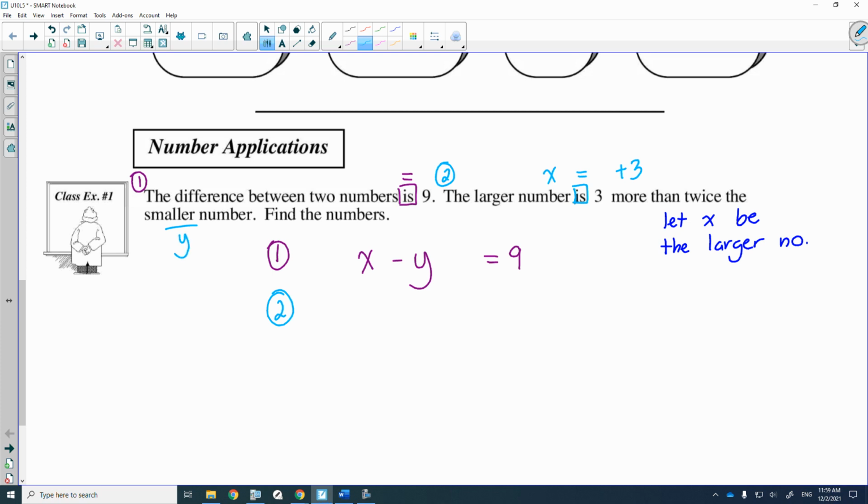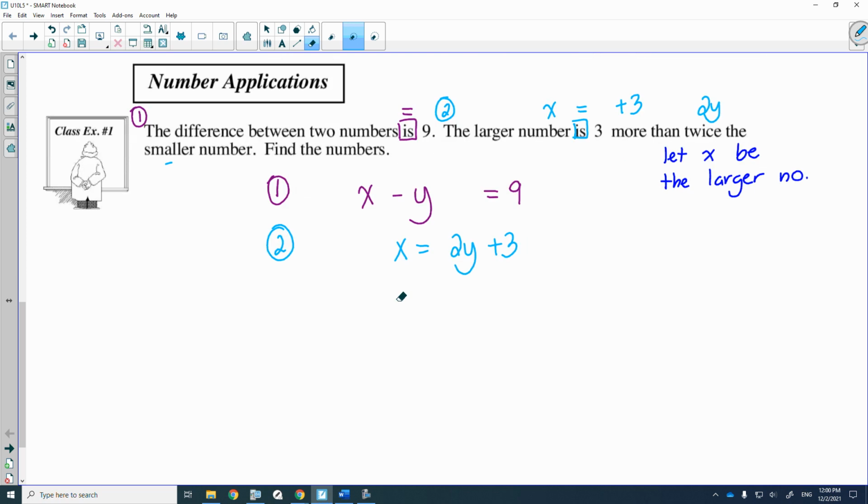The smaller number is y, and twice the smaller number would be 2y. So putting this together, if it says 3 more than twice the smaller number, it's going to be 2y plus 3. So x is equal to 2y plus 3. That's my second system. So the larger number is 3 more than twice the smaller is what this would be.